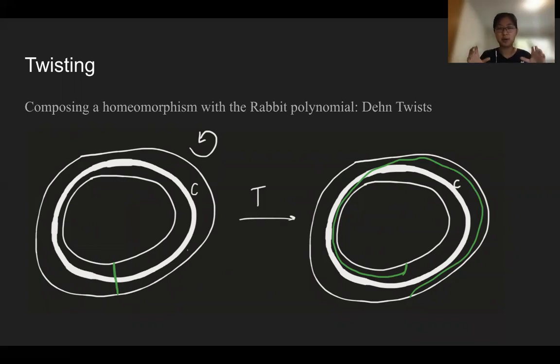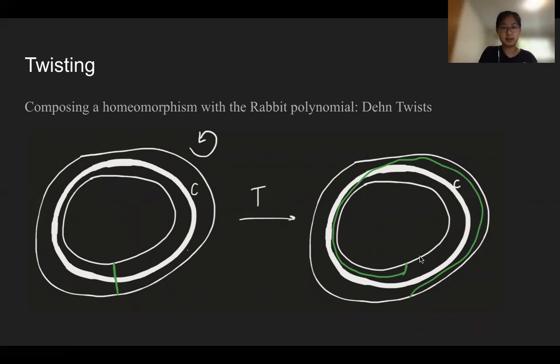So in some sense, apart from the neighborhood of C, nothing has really happened, except around C, we've added a full turn in the surface. So seeing what it does on this curve, this little green segment here that crosses C directly, after the transformation, will have to go around C and then back in, illustrating this full turn.